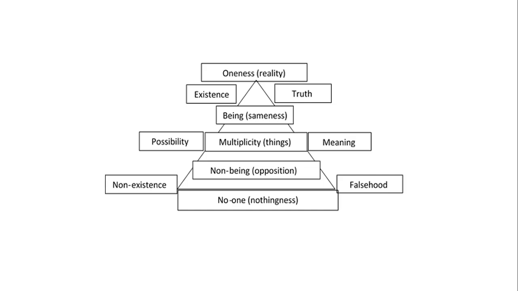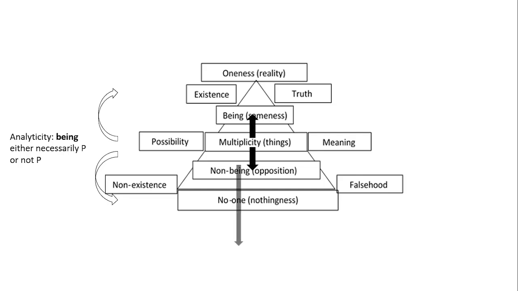And that's the law of analyticity, which says something is either necessarily P or necessarily not P. Necessarily not P is the same as impossibility. So in the middle column, if we move from things to being or non-being, that would be the law of excluded middle. Something is P or not P.